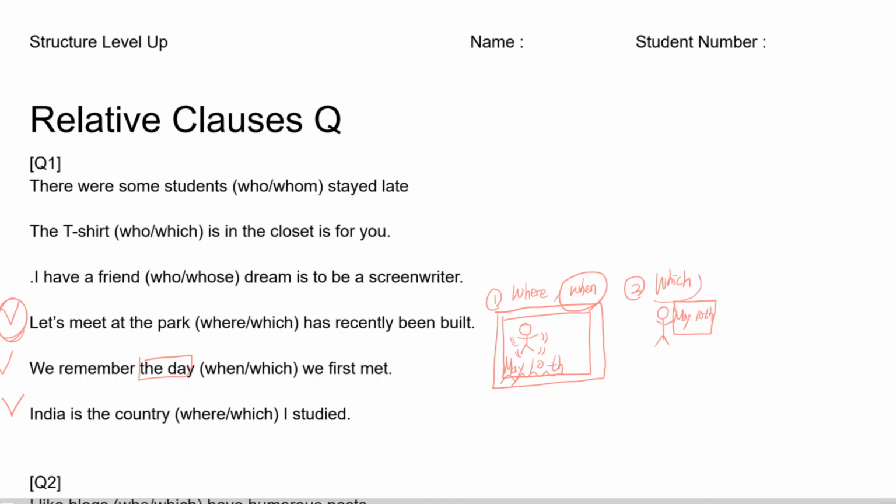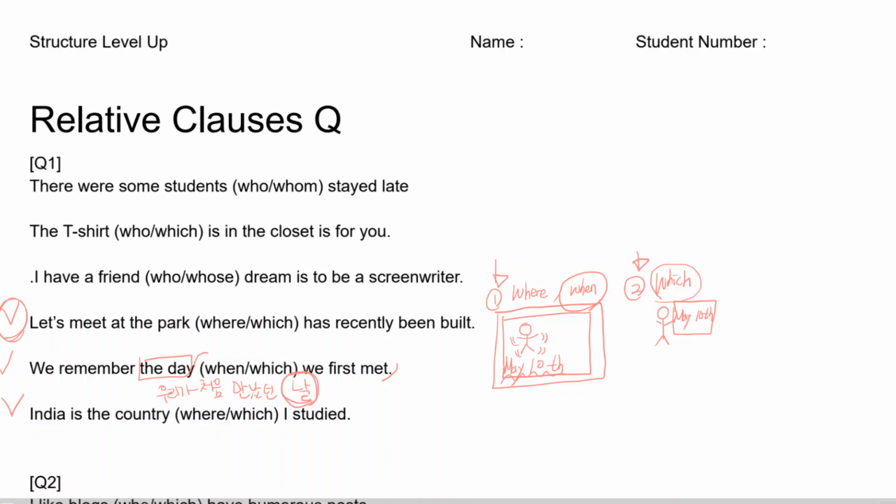It's very difficult, right? So here, if you look at the sentence again, the day when we first met means 우리가 처음 만났던 날. So what situation are we in here?